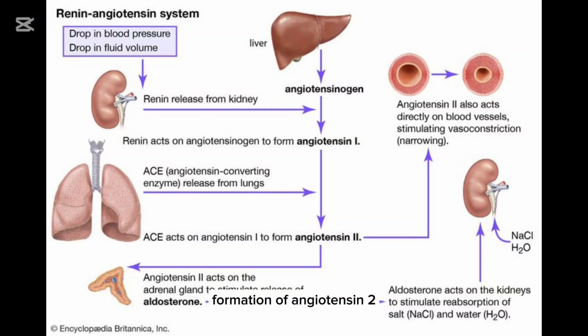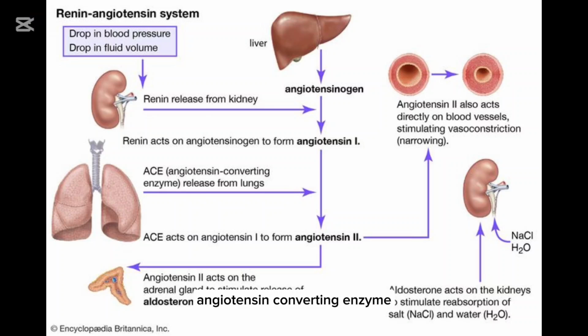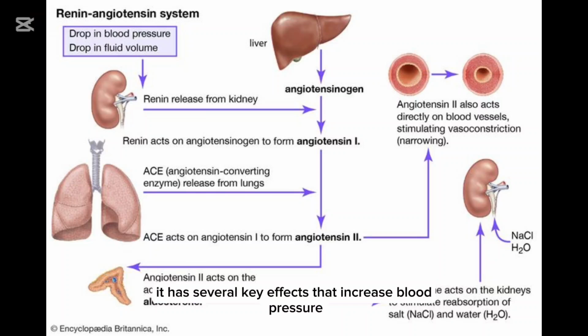Formation of angiotensin 2: as angiotensin 1 flows through the lungs and kidneys, it is converted into angiotensin 2 by an enzyme called angiotensin converting enzyme, or ACE. Effects of angiotensin 2: angiotensin 2 is a very powerful hormone and is the main player in this system. It has several key effects that increase blood pressure.